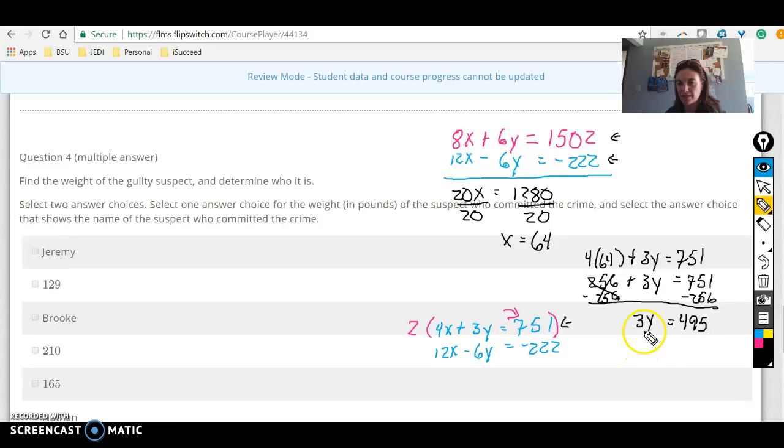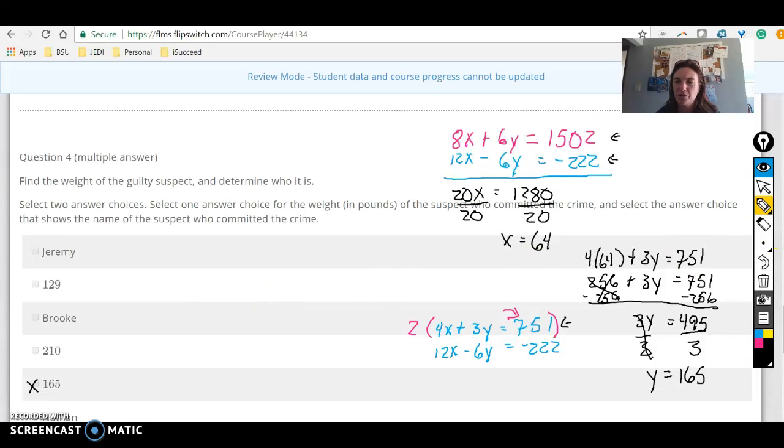And then if I divide both sides by 3, the 3 cancels out on the left, and I get y is 165.